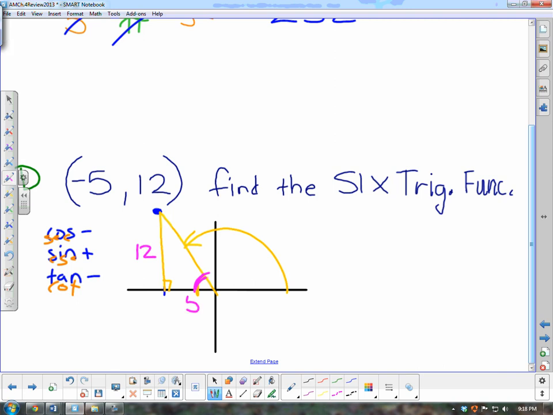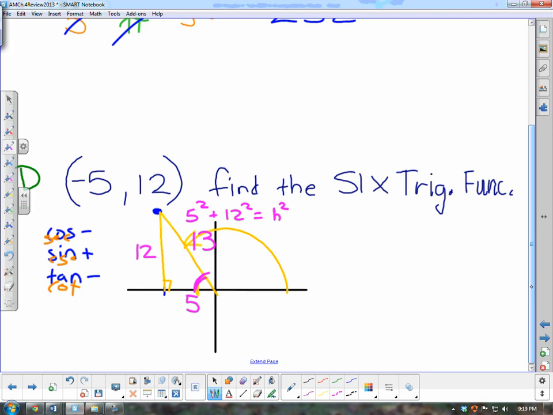That would be 5. And then you would use the Pythagorean theorem of 5 squared plus 12 squared equals the hypotenuse squared. And that, in this case, becomes 13. Or you just remember that it's a 5, 12, 13 triangle from your days in geometry.